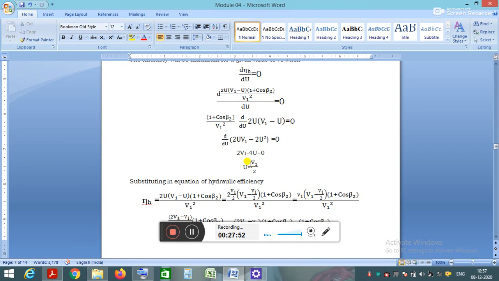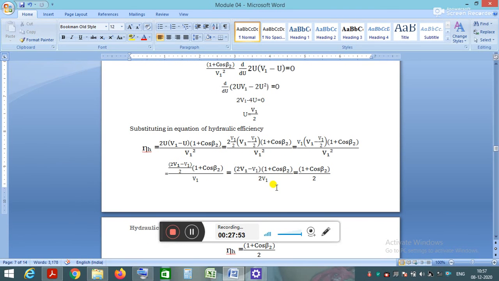Substituting this condition in the equation of hydraulic efficiency, we will get 2 into V1 by 2 into (V1 minus V1 by 2) into (1 plus cos beta 2) by V1 square. Here 2 gets cancelled, therefore we are left with V1 into (V1 minus V1 by 2) into (1 plus cos beta 2) by V1 square.